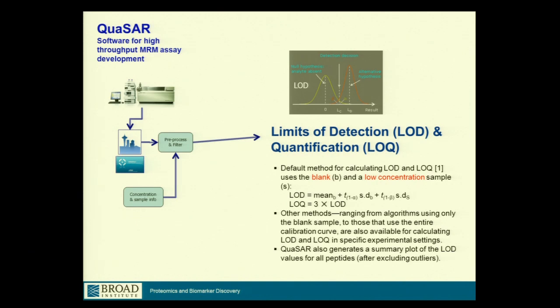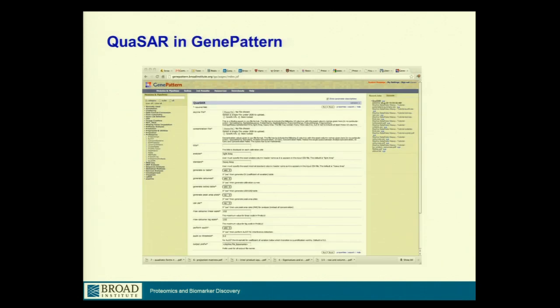We usually calculate it using a blank sample and a low concentration sample. Again, I won't go into details there. I can talk with anyone if you're interested offline, but we have several methods to calculate it, and the most common method uses the mean of the blank sample. Again, QuaSAR is available in GenePattern.